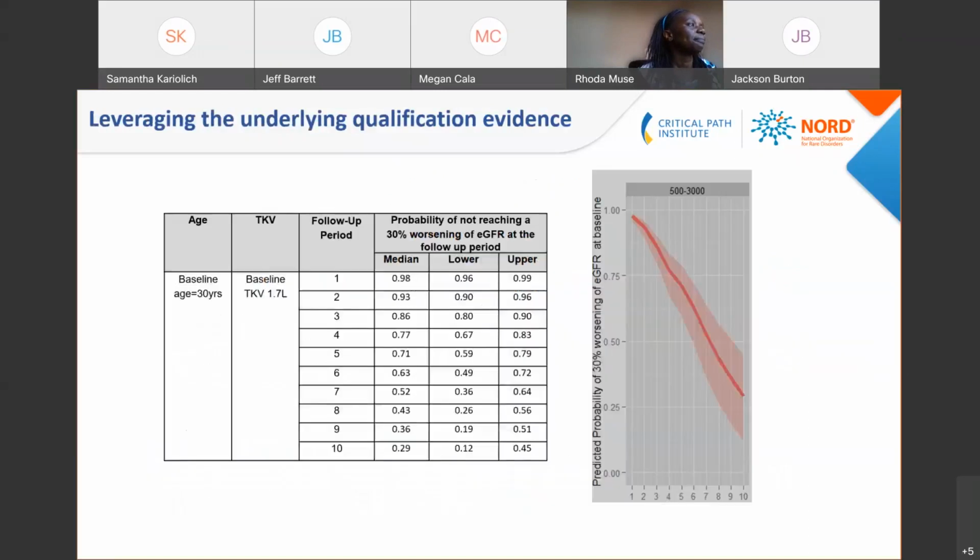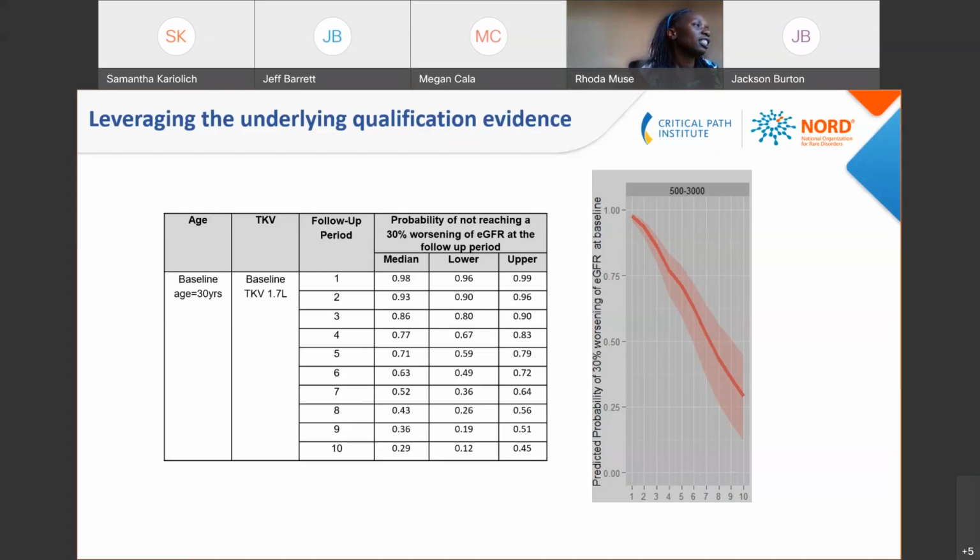Next slide. How do we leverage the underlying qualification evidence? On this table, we have an example of how this is done. For example, for a patient aged 30 with a baseline TKV value of 1.7 liters, the table shows the time-varying probability of not reaching a 30% decline in eGFR.